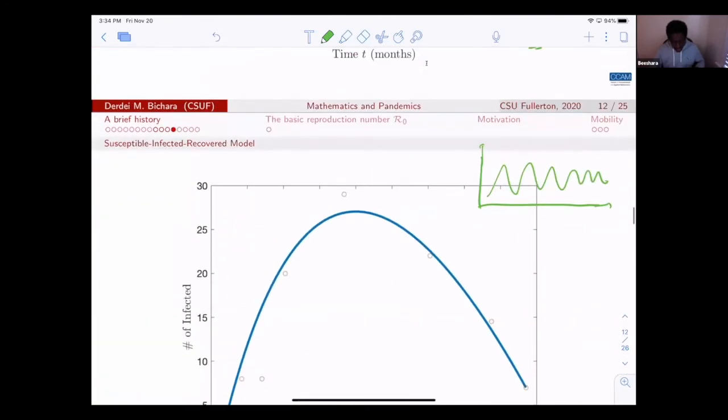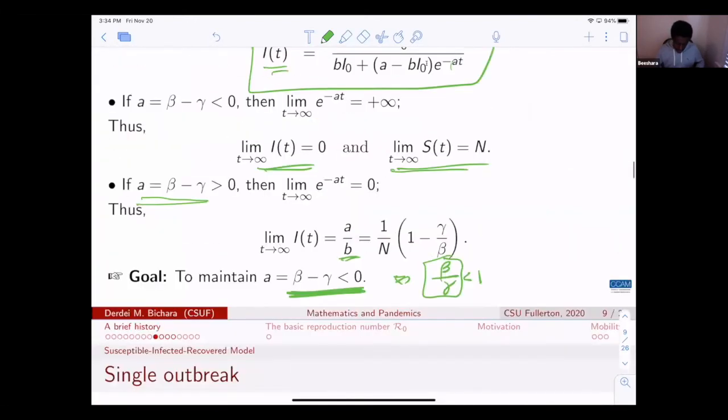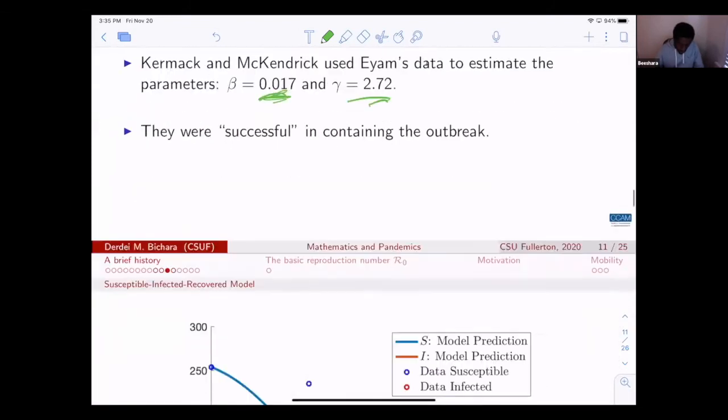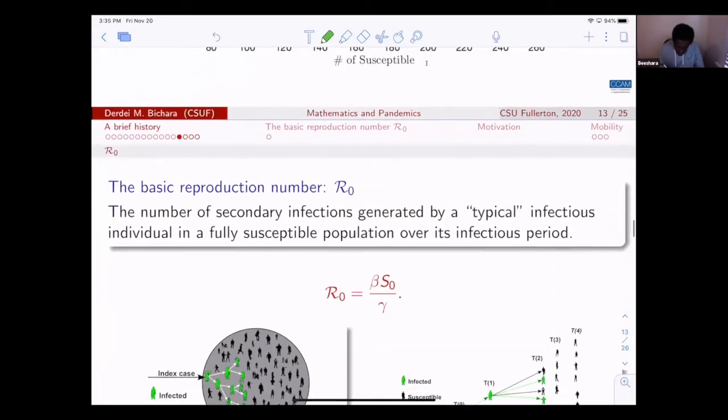So now here we said one of the most important quantities is beta over gamma, how to make this less than 1 and why it's important. It's important because if you remember, we had I dot equal to beta S I minus gamma I. So if we take I out, what do we get?